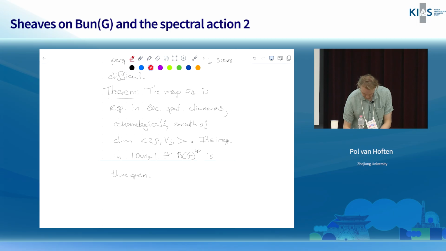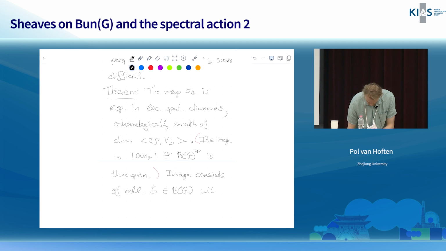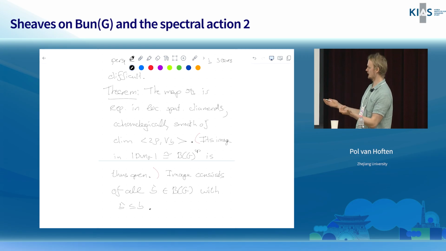And then the fact is this is open, and so the image consists of all b prime in B(G) with b prime less than or equal to b. Given that it's open, this is the smallest the image could be.